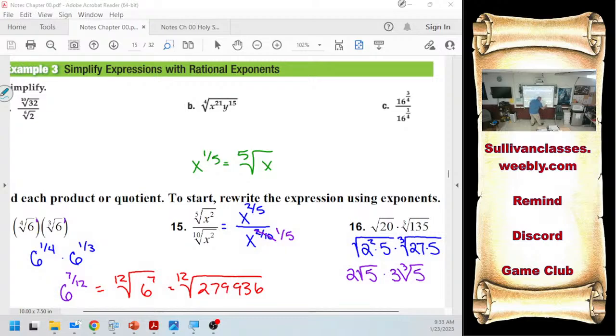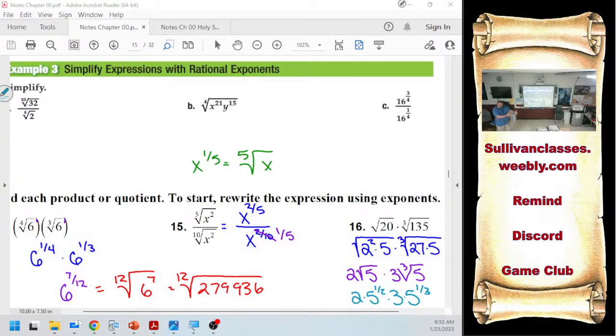Well, now that's 2 times 5 to the 1/2, 3 times 5 to the 1/3. You see how I was able to isolate the thing that had a rational exponent.